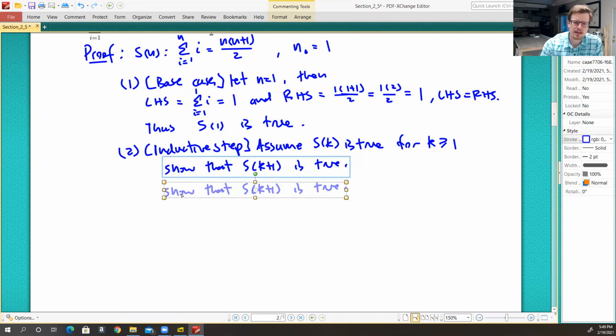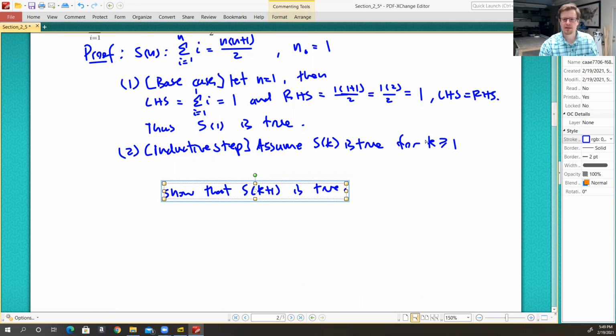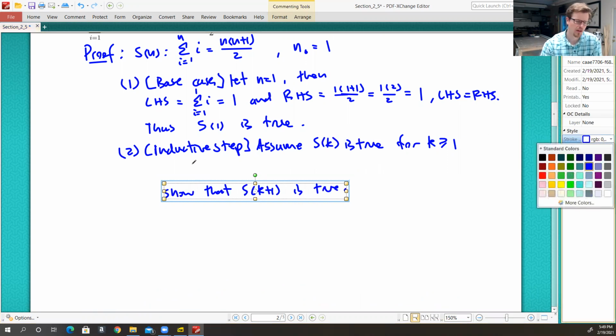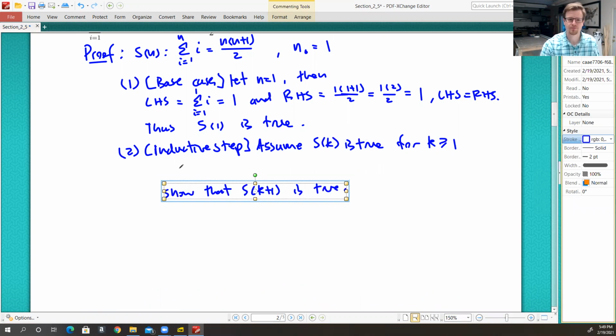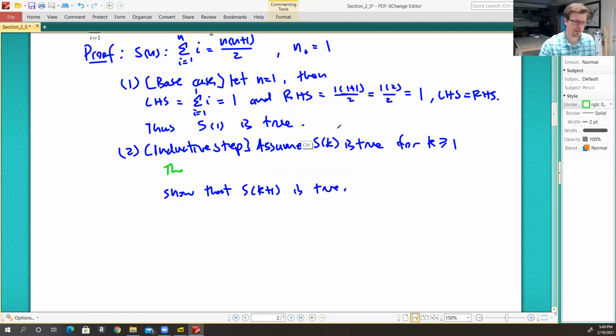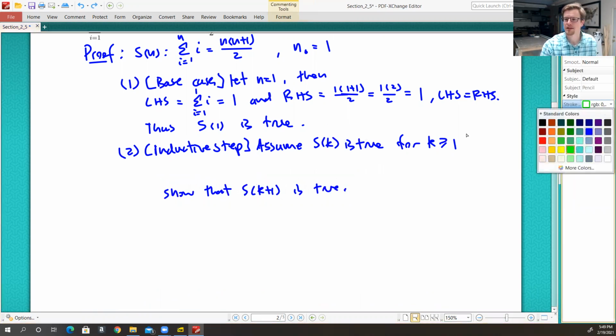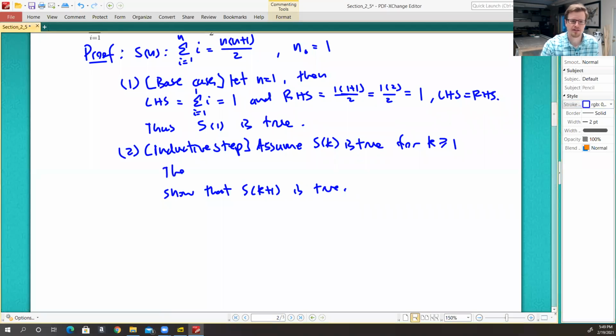But before I do that, it's sometimes a good idea to say what this means for us. So what does it mean that S of k is true? Well, that tells us the sum from i equals 1 to k of i is equal to k times k plus 1 divided by 2.